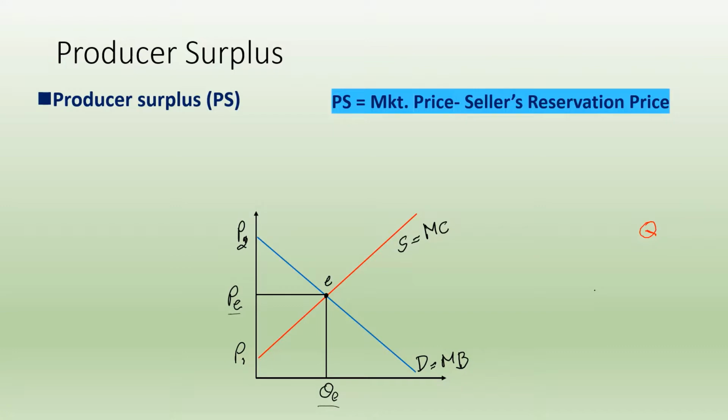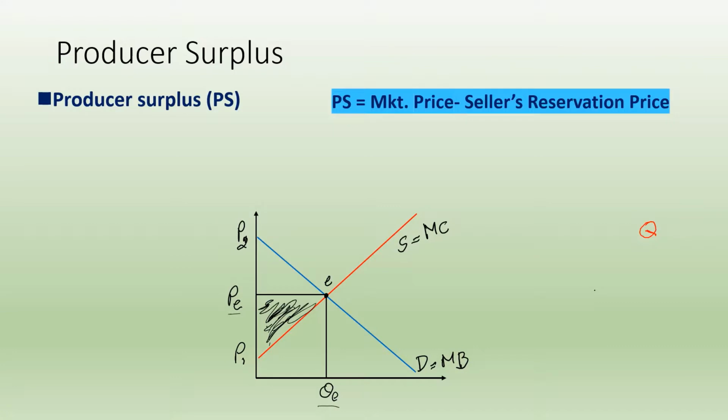For that, we need to consider the area above this supply curve and below this market clearing price PE. Basically this area shows the producer surplus, and each point on the supply curve shows the seller's reservation price for different sellers.